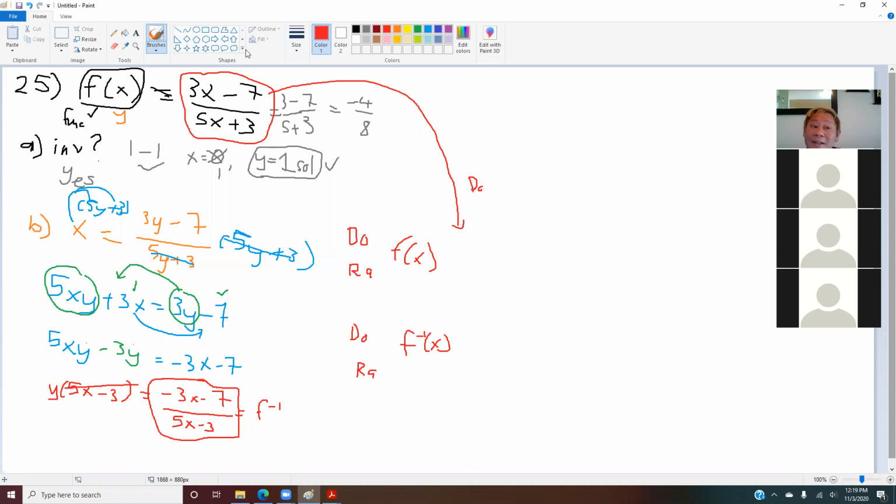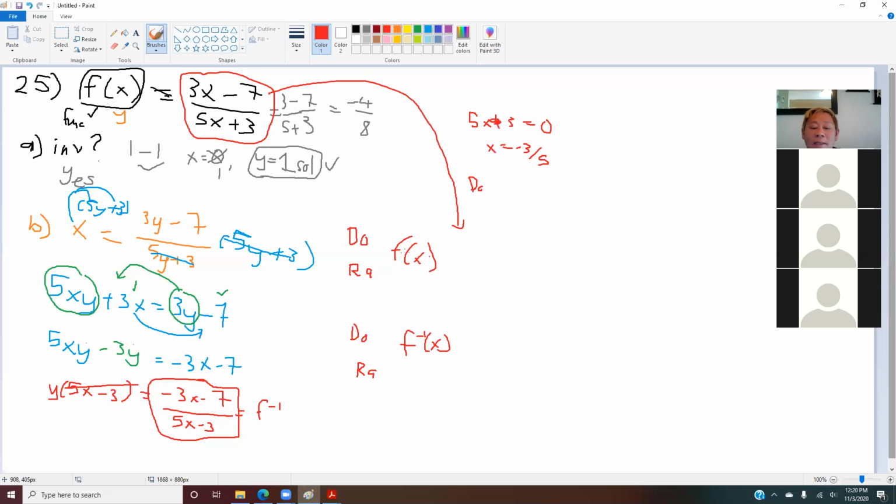Yes. So this is a fraction, so in this case you have to take 5x plus 3 equals 0. Your denominator cannot be equal to 0. That's why you set this equal to 0 and solve for x. So x in this case is negative 3 over 5. That means you subtract 3 and then you divide by 5.